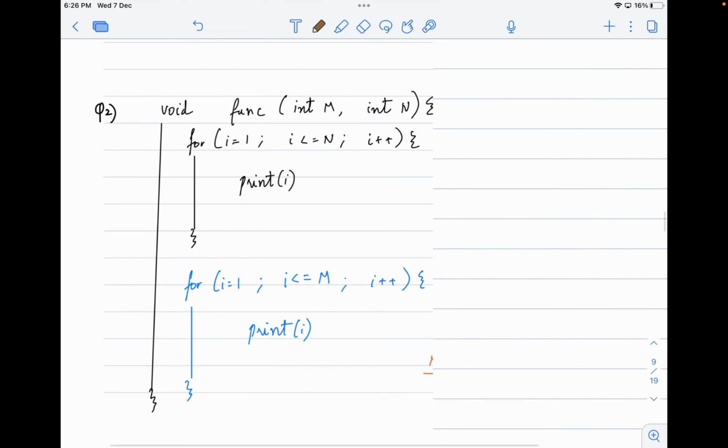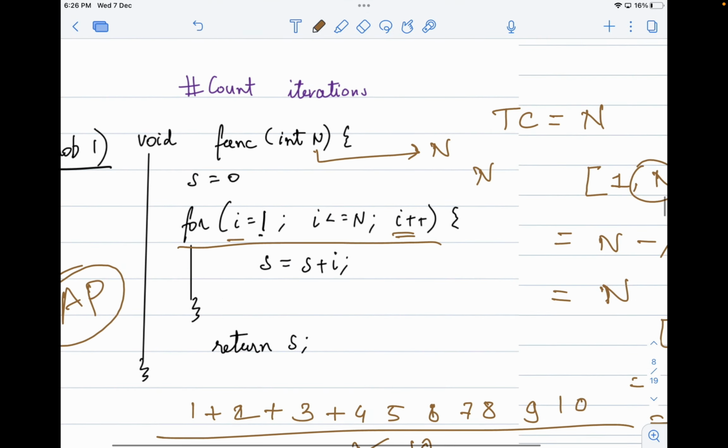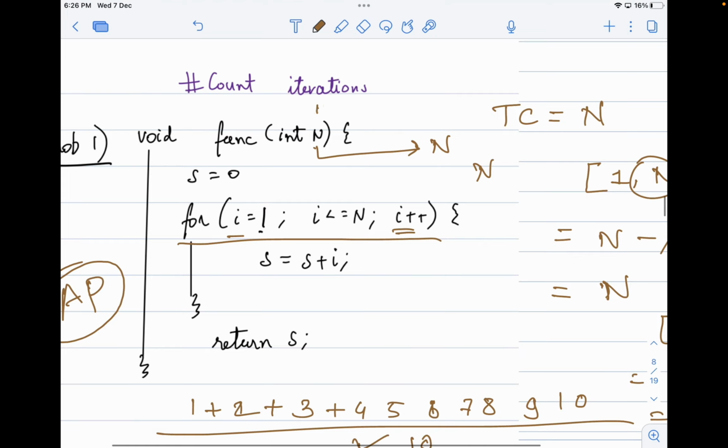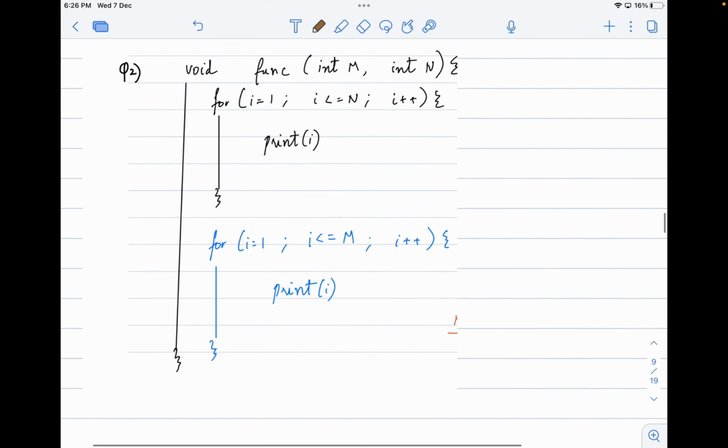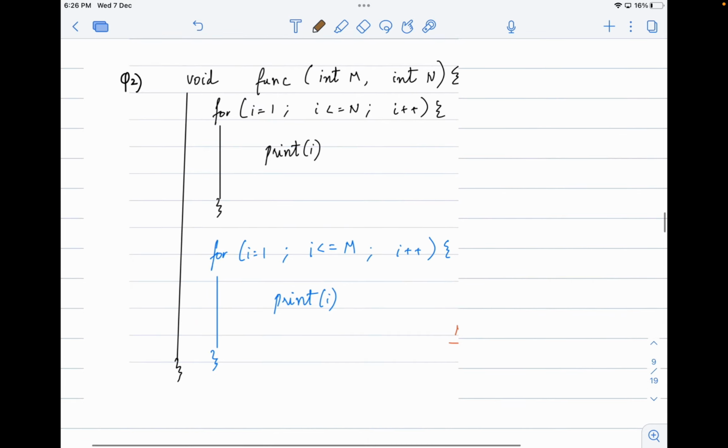Okay, now here you have two loops. How can you find the time complexity, or the number of iterations, in this? We said that if n is 10, 10 iterations will happen. Now these are two loops. How can you say that n iterations are happening?